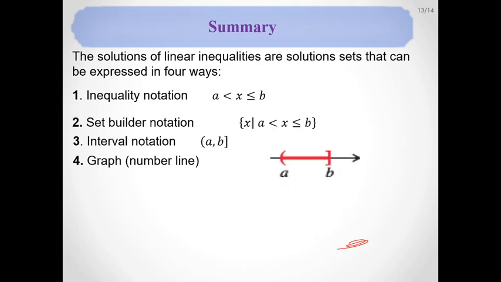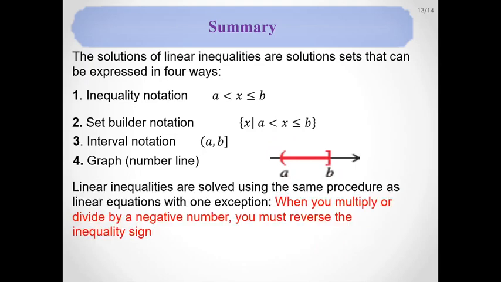And the last thing is when solving linear inequalities, you're trying to isolate x, but this is very important: when you multiply or divide by a negative number, you must reverse the inequality sign. So if it is like that, you make it with minus here, so you change.